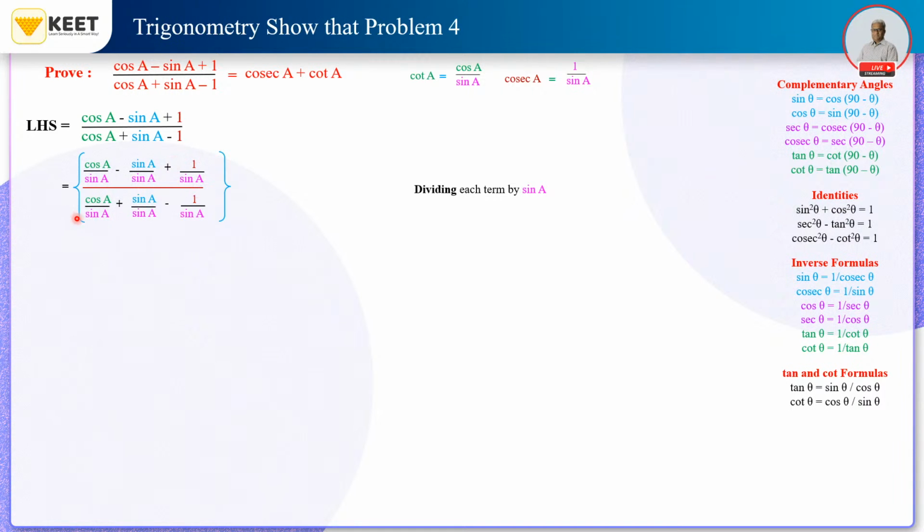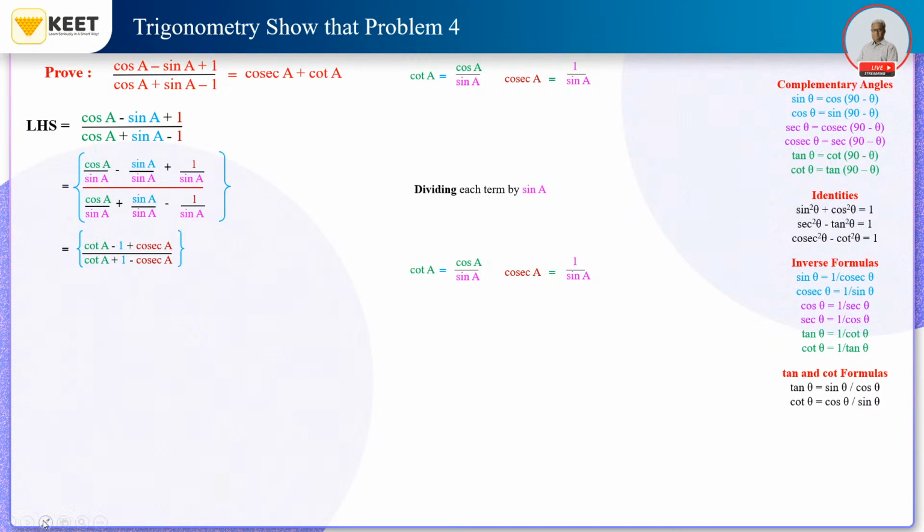Similarly, in the denominator also, cos A upon sin A will get converted in cot, then sin A and sin A will divide and get converted in 1, and this 1 upon sin A again will get converted in cosec. So now look at the step how it is. The ratio cos A upon sin A is now becoming cot A.